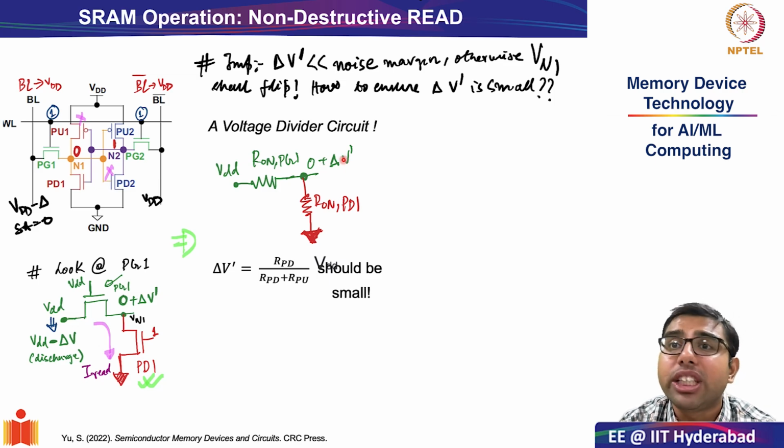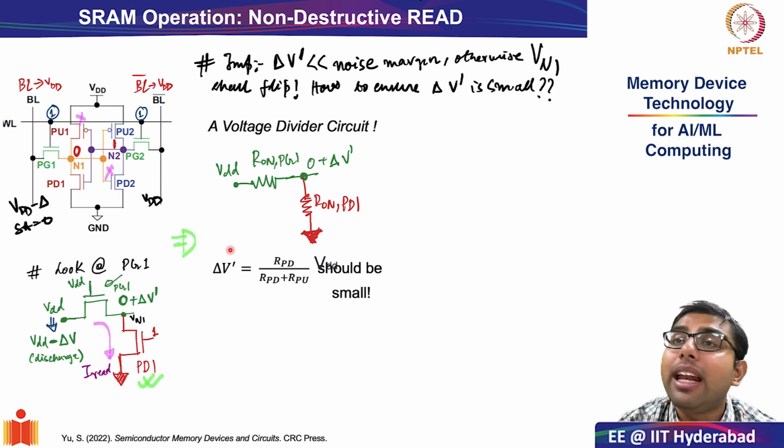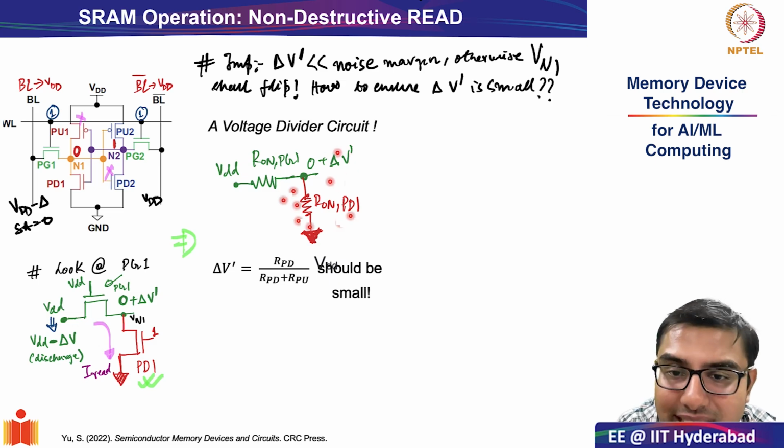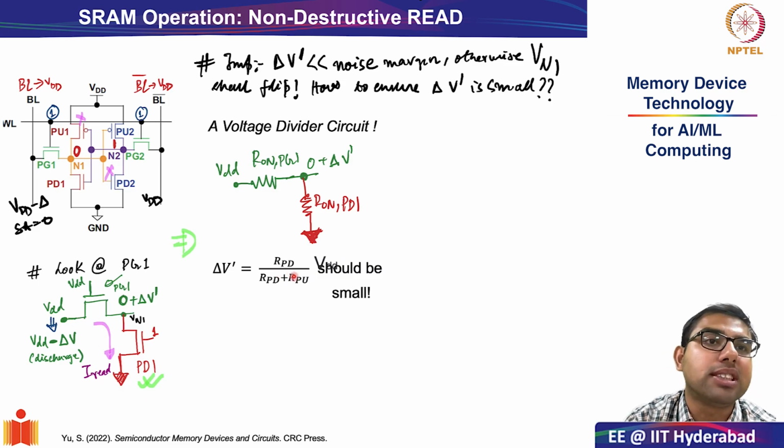So what will be the value of delta V dash? What we have seen in our basic circuits courses, the voltage divider circuit, the value of 0 plus delta V dash will be nothing but the resistance of the pull down transistor divided by the total resistance, which is the summation of pull down transistor and pass gate transistor.